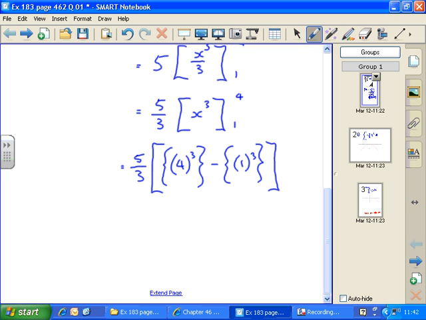So putting the limits in, it's the top limit, making x the top limit, and then subtract the bottom limit. And working this out, we get this equals 5/3. 4 cubed is 64, minus 1 cubed is 1. And you'll get the answer in the text.